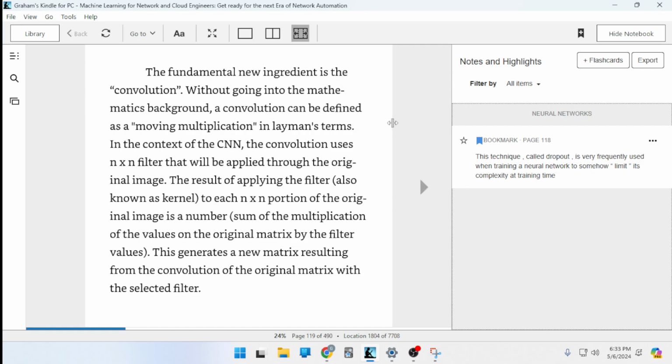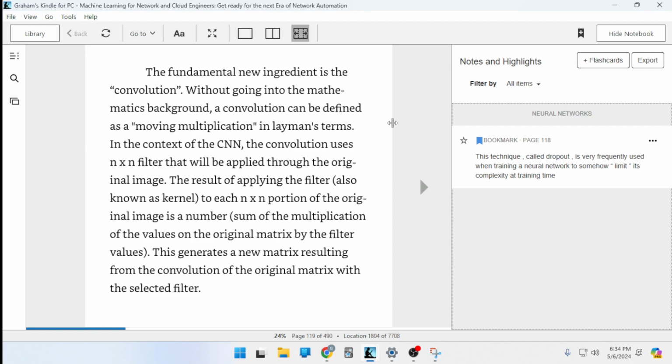Let's review how it is possible. The fundamental new ingredient is the convolution. Without going into the mathematics background, a convolution can be defined as a moving multiplication in layman's terms.